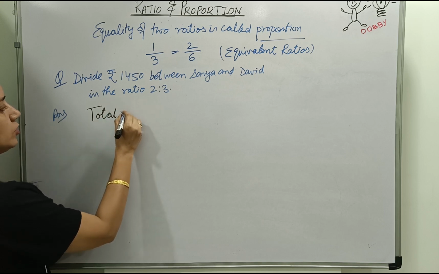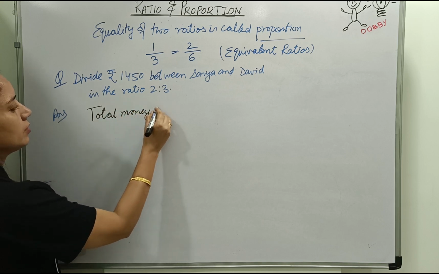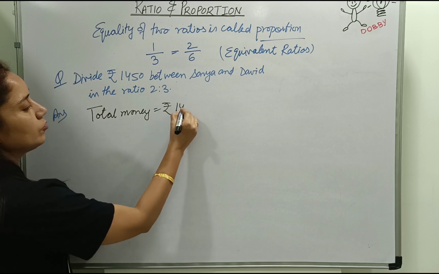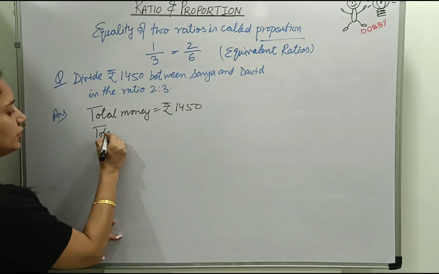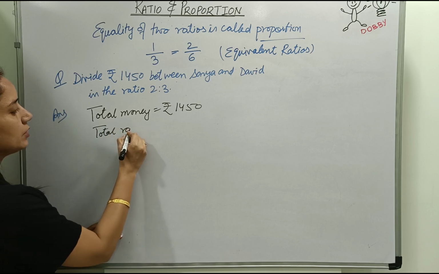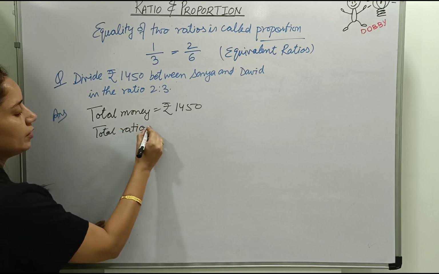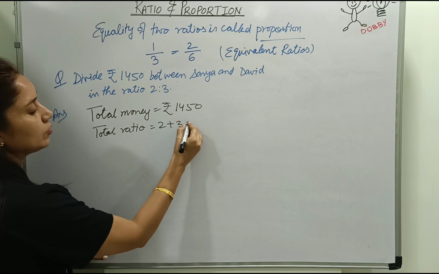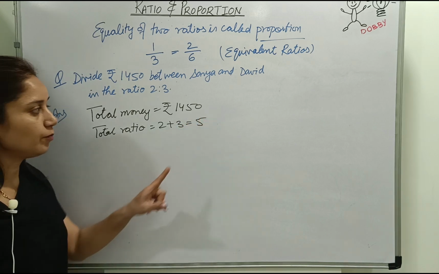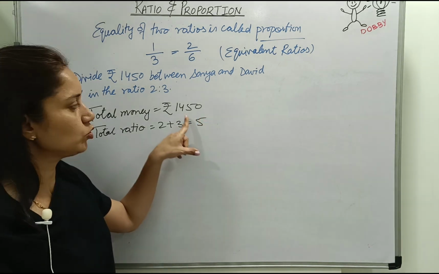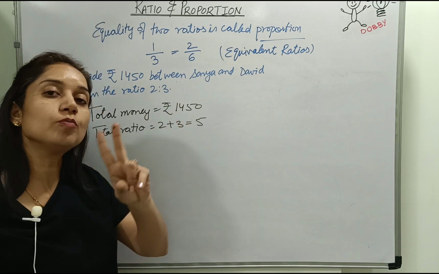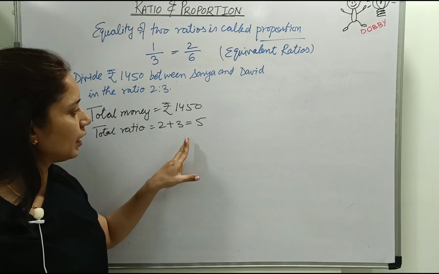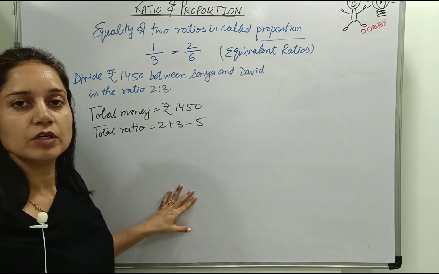Total money which is to be divided is rupees 1450. Total ratio in which it has to be divided between Sania and David is 2 plus 3 equals to 5. That means if we make 5 parts of this total money 1450, its 2 parts will be given to Sania and 3 parts will be given to David.